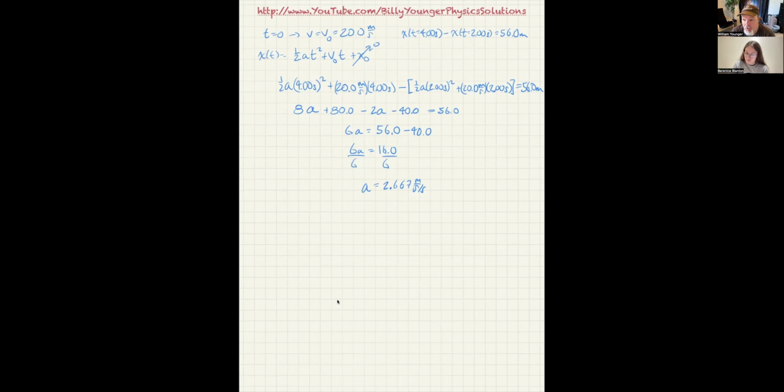In this case, you wouldn't know how much distance was traveled in the first 2 seconds, so you just leave it as x. But when you write it again for the t equals 4 second interval, you have another v final squared equals v initial squared plus 2a, this time times x plus 56 meters. So in principle, you could do it that way. Let me show you what I'm talking about.